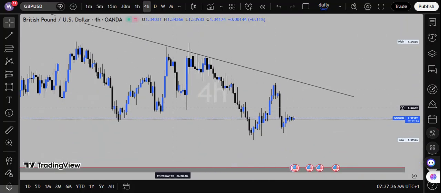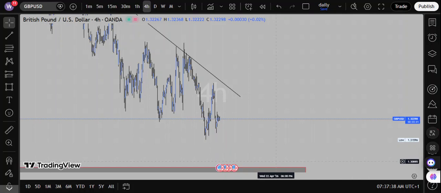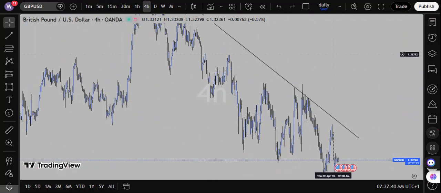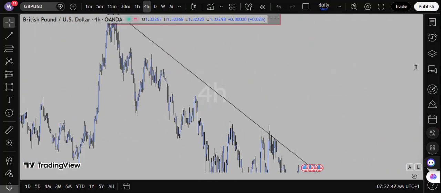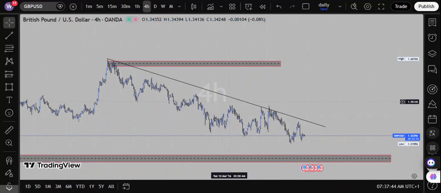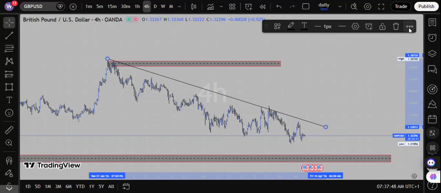Now, after you're done with this, what is the next thing for you to do? You can easily clone this. Like I said, I prefer cloning my trend line so I can have a channel. I'm going to clone this.